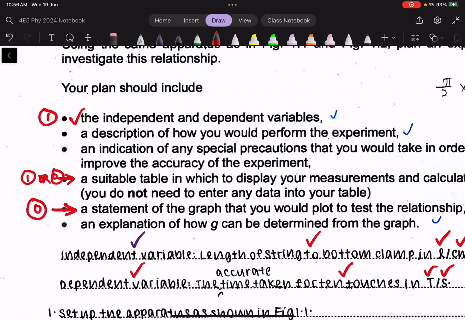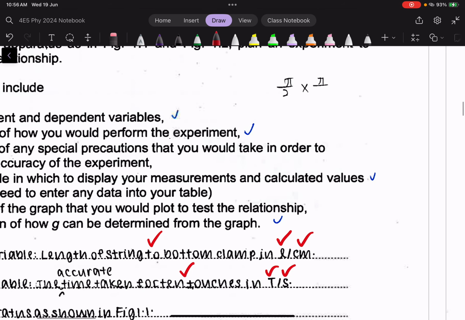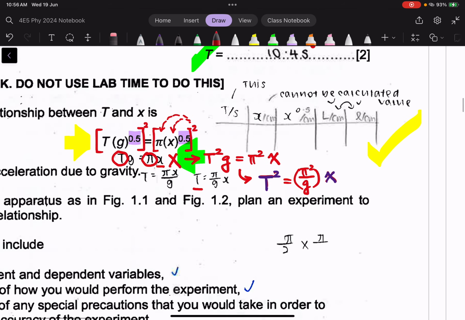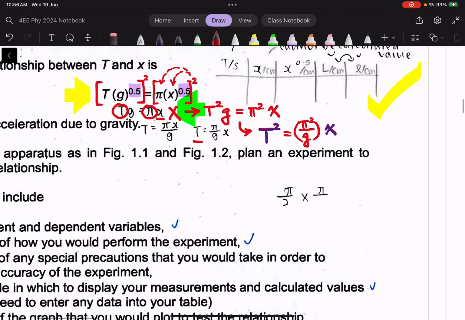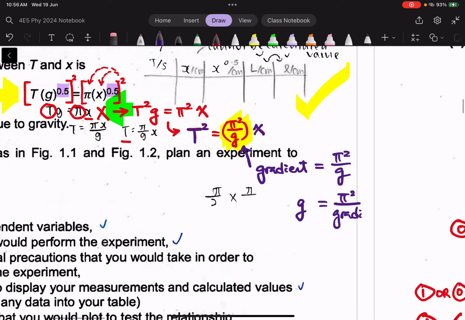Right? So the next thing to mark, we will look at how the g in the constant is taken. So following from her, for practical, no error carry forward. So for her, if you look at her mathematics, you can see that basically the gradient of this particular graph will be given by pi square over g, meaning that the constant g is given by this expression pi square divided by gradient.